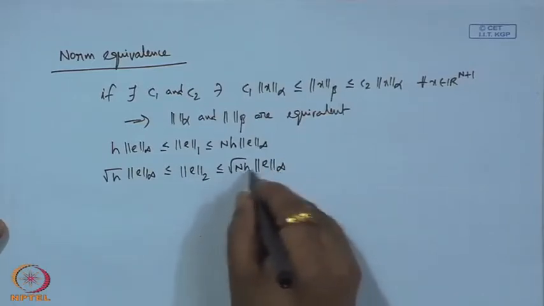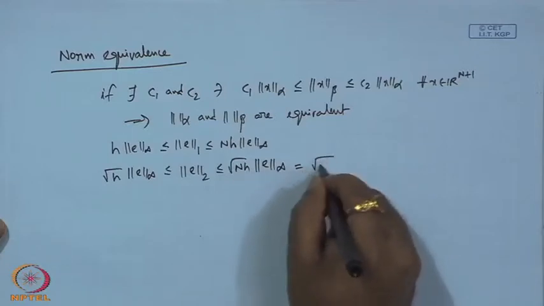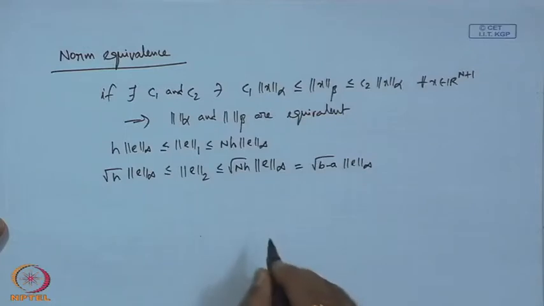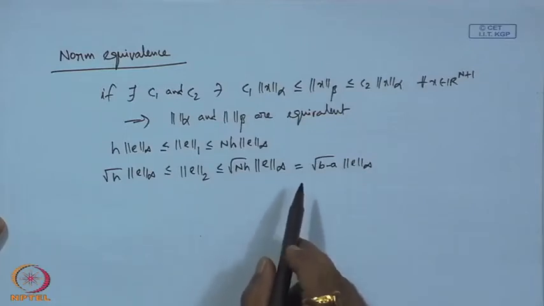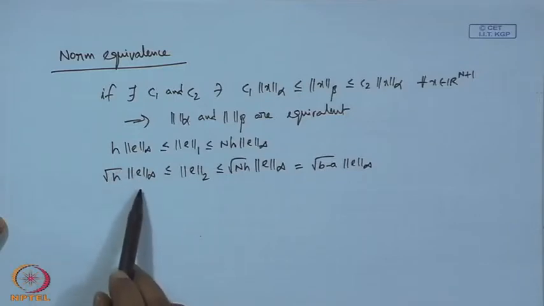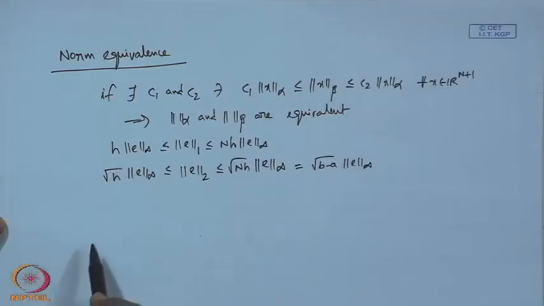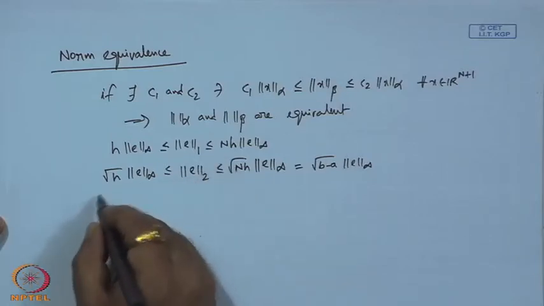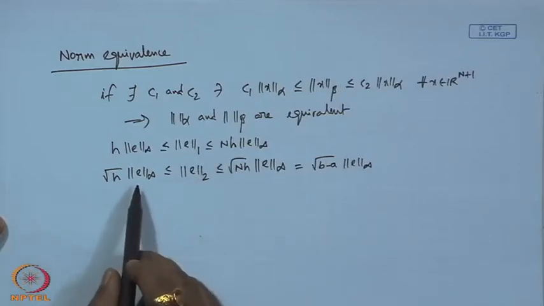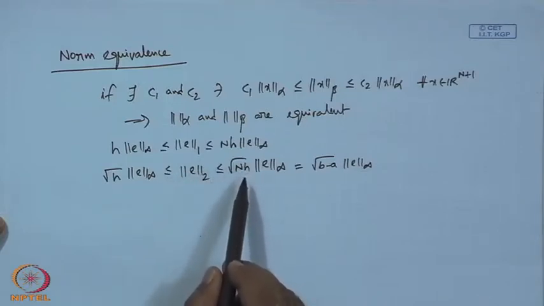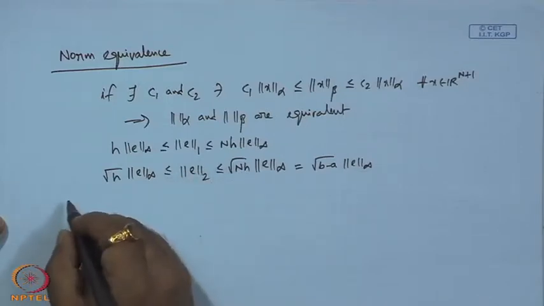So, this is nothing but root b minus a, right. So, what will happen if somebody says this is equivalent, therefore, in this norm it is equivalent like this. So, then what would happen? This equivalence may not be carried because these things depend on n and h. Okay.